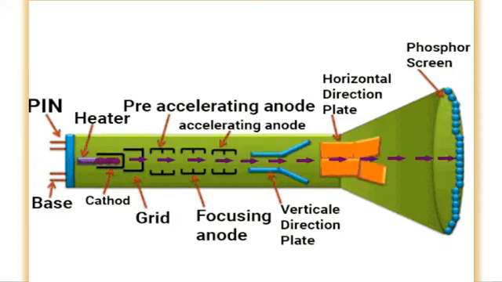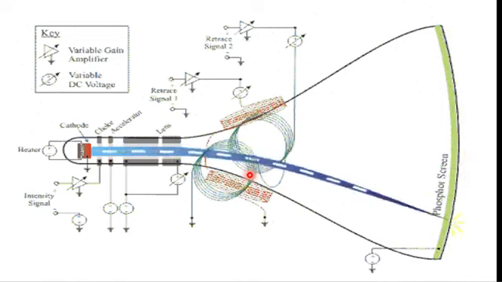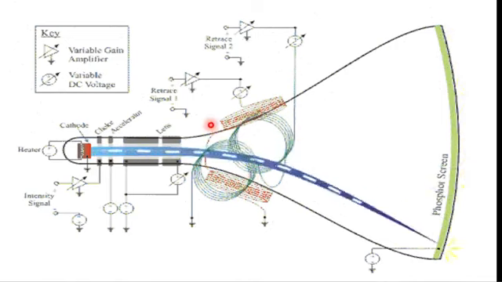So dear student, the interaction of the stream of electrons with a phosphorescent screen may be represented by an animated image of the cathode ray tube.